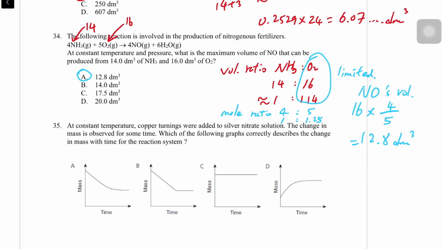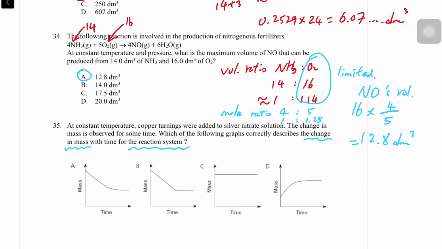Question 35. At constant pressure, copper turnings are added to silver nitrate. Yes, it will get a displacement reaction. What will describe the change in mass of the system? This question is a bit tricky because the change in mass is for the reaction system, but not the mass of the solid.